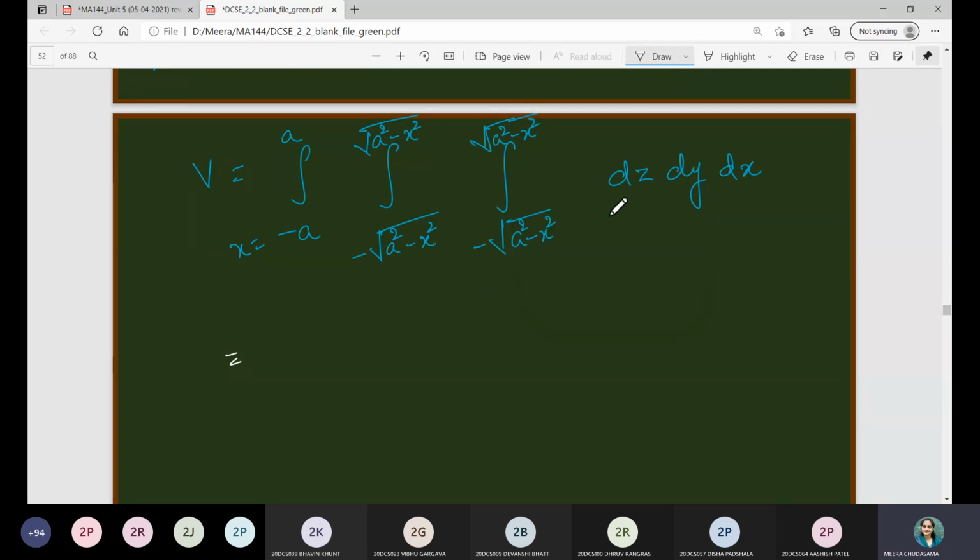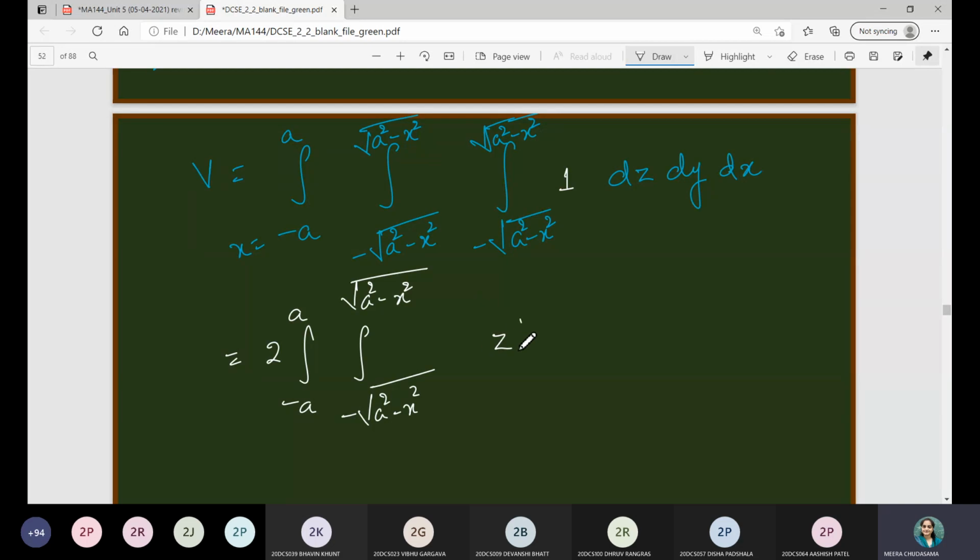So that is equal to, first we will integrate this with respect to z. Again the same argument I can give as in the previous example, that one is a constant function here which will not affect the z variable, therefore I can consider this as 2 times the limit. Similarly, let us do it for the y variable later, but this one will be 2 times, from minus a to a, minus square root of a square minus x square to positive square root of a square minus x square. The limit will be 2 times 0 to square root of a square minus x square.